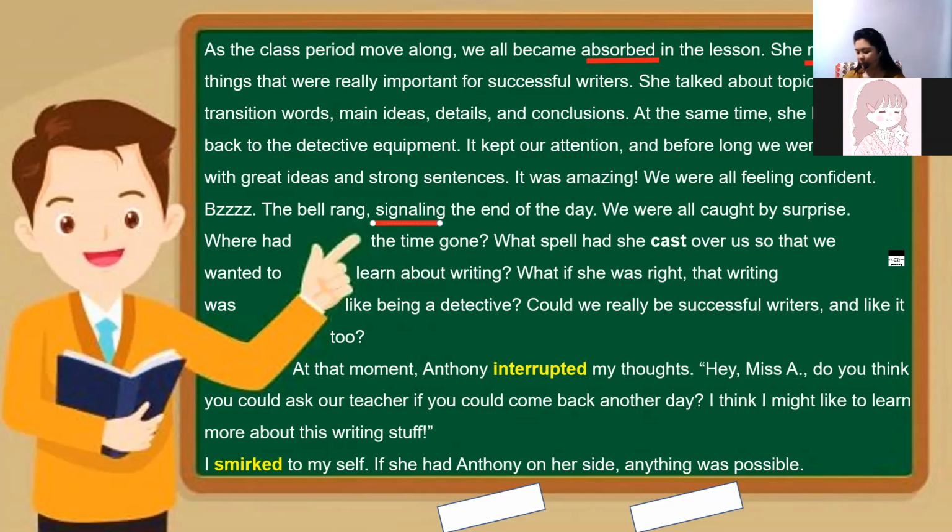So, before they were able to come up with great ideas and strong sentences, they said that the class was amazing. They feel confident. And then when the bell rang, it means that it's the end of the day. They were caught by surprise because at first they didn't want the topic of writing.